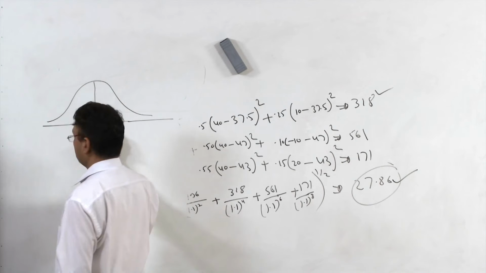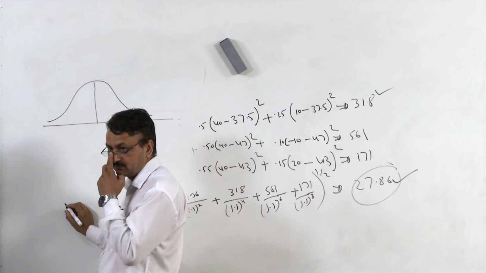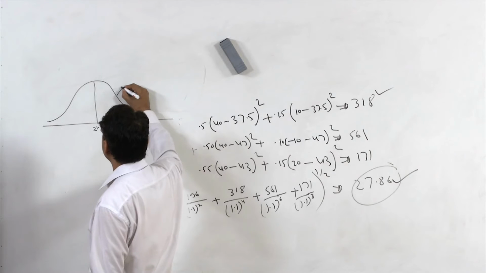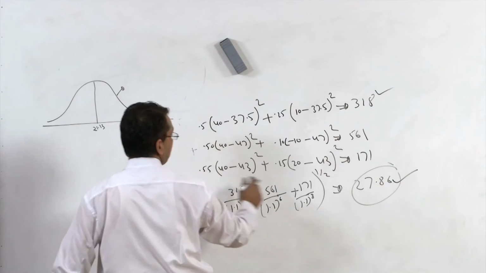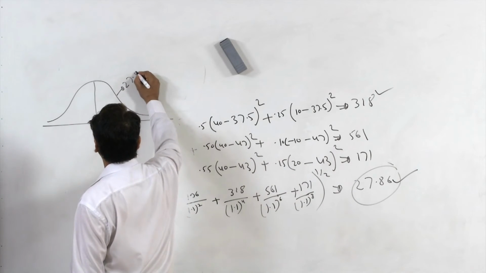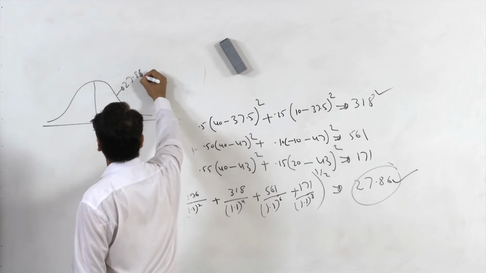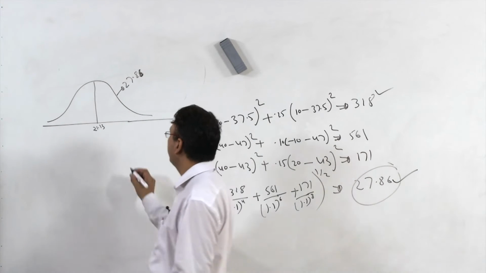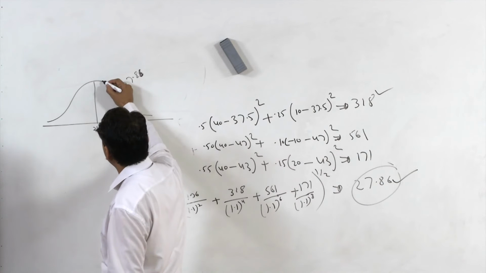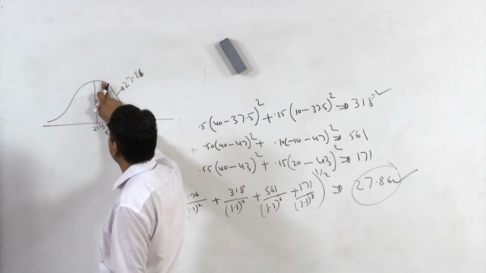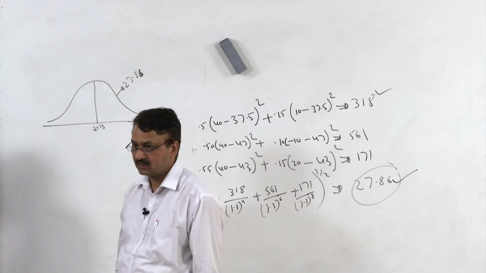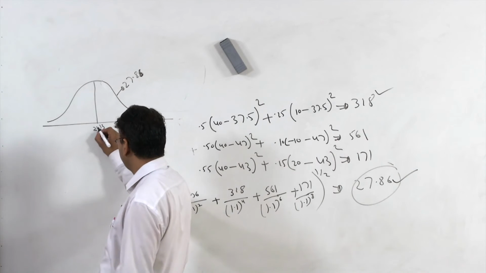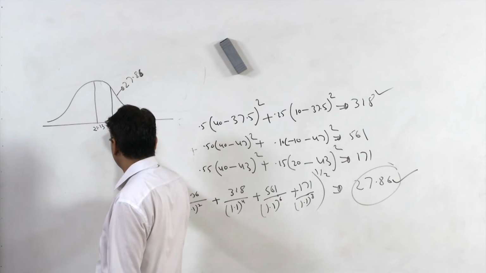Mean is 21.13, and standard deviation is just what we have calculated here, it is 27.86. Now calculate Z value, because what is the probability that it would earn 30 lakh rupees. So this is 21.13 and this is 30.